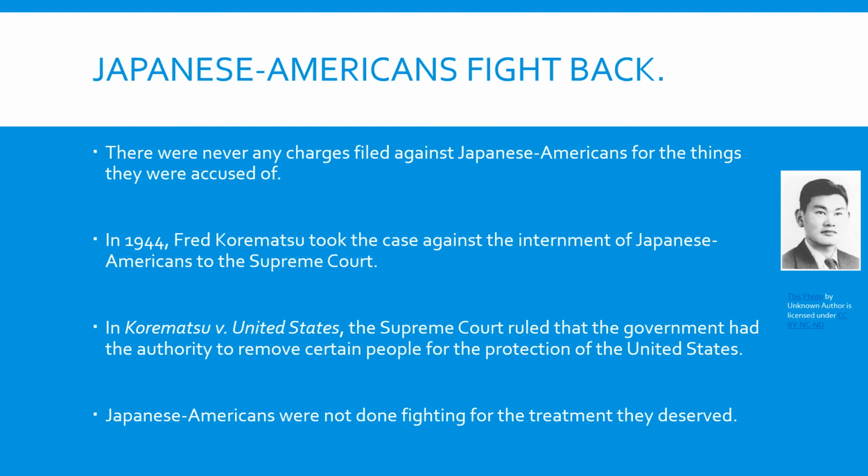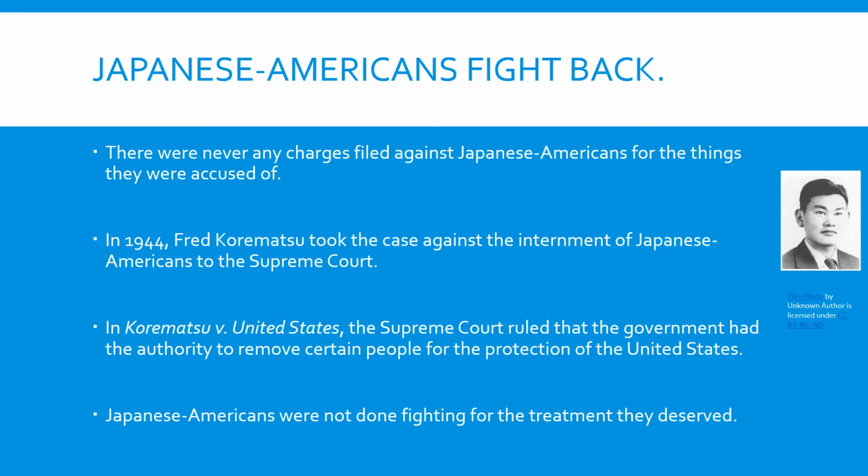But Japanese Americans were going to fight back against this. Now, there were never any charges filed against Japanese Americans for the things they were accused of, possibly spying or helping plan another attack. So in 1944, Fred Korematsu, that gentleman right there, took the case against the internment of Japanese Americans to the Supreme Court. This case was known as Korematsu versus the United States.